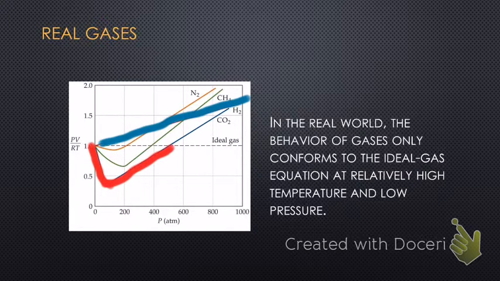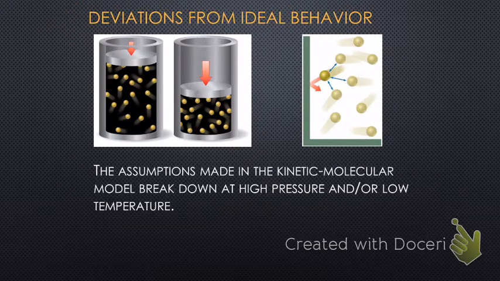Then it starts to increase to about 500 atm, where it reaches 1 again, and then goes higher. This is due to the idea that the volume itself really is not completely negligible, and there really are attractions or repulsions between gas molecules. So anytime you go to higher pressures or lower temperatures or both, you're going to deviate from the assumptions we have been making, and you are no longer going to abide by PV = nRT, the ideal gas law.